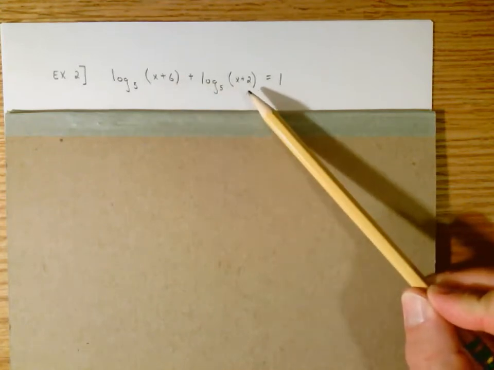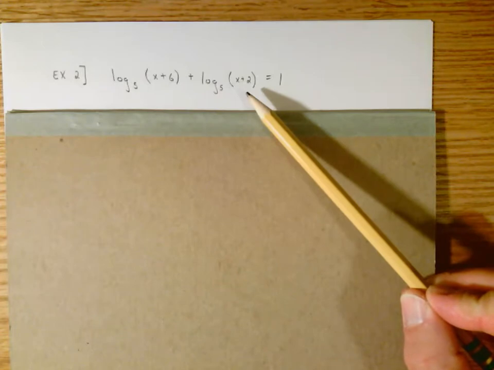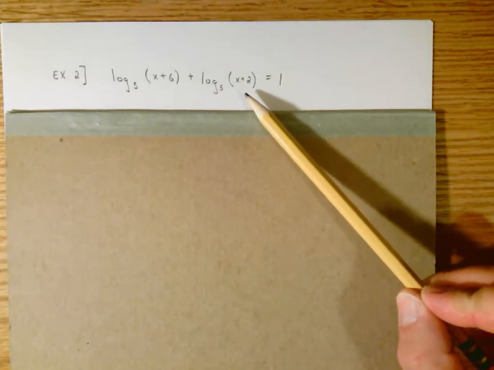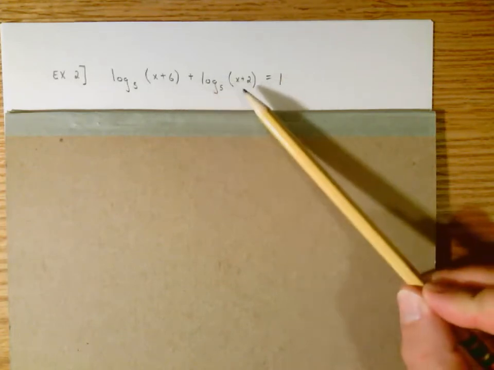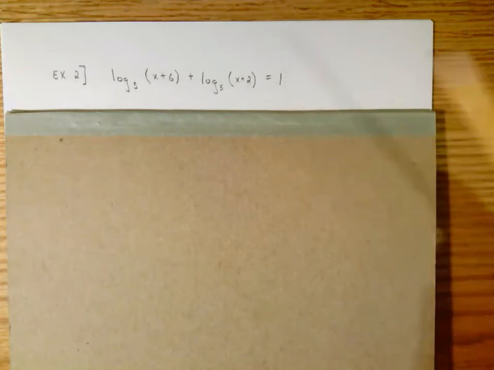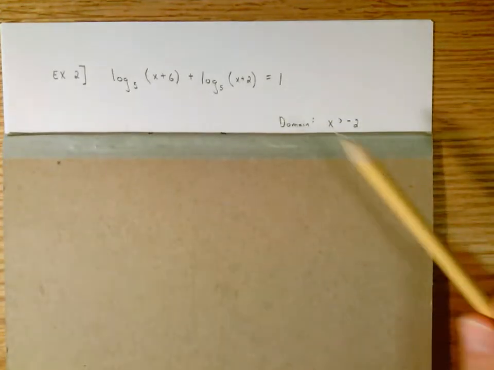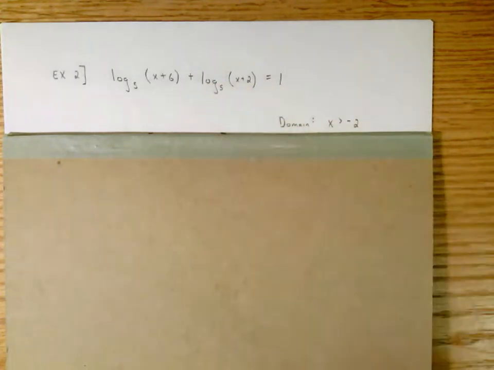The quantity x plus 2 is only positive if x is greater than negative 2. Because I need both of these to be positive, I need my values for x to be greater than negative 2. Obviously, any value that's greater than negative 2 is also greater than negative 6. So my domain for my solutions is my x values have to be greater than negative 2.